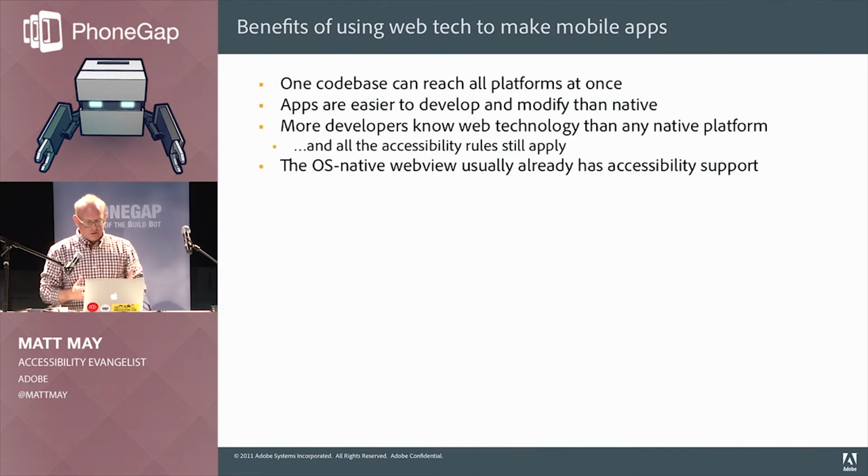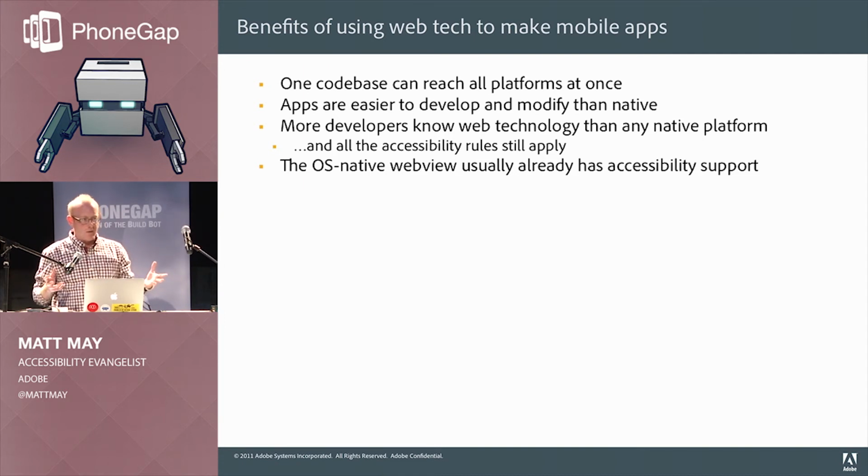So by doing this, the benefit that we've got is that we can reach all of these platforms at once, which is something that, if you have done native accessibility work, you need to understand everything that is in the OS X or iOS or Android or Fire OS, Windows Phone APIs for what's available to you. All of them are different.